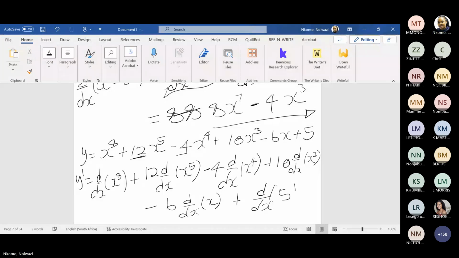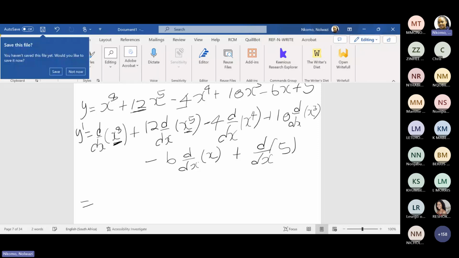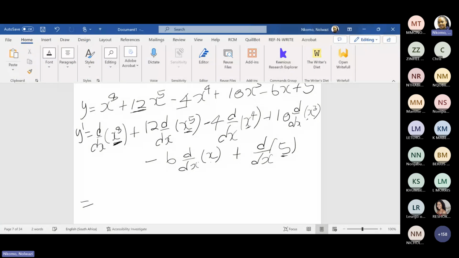Here you can apply the power rule, power rule, power rule, again power rule, then the derivative of a constant.